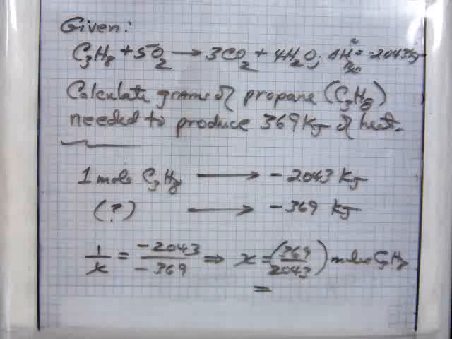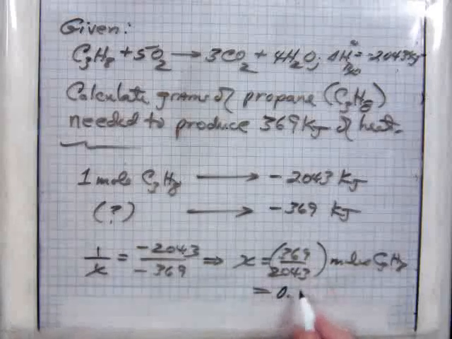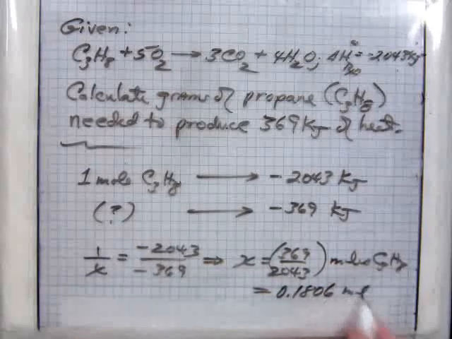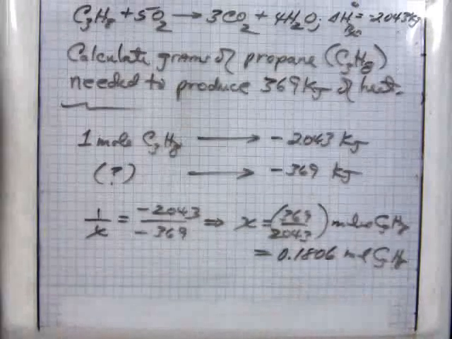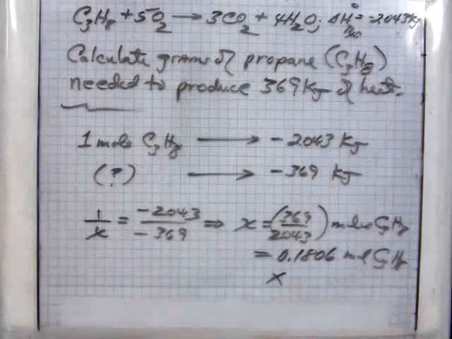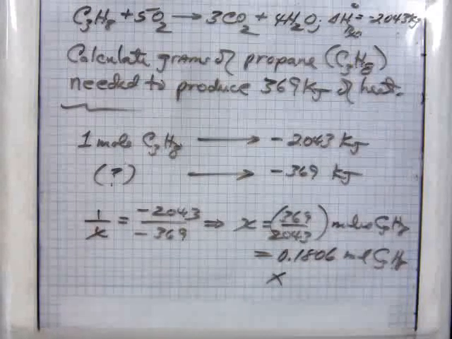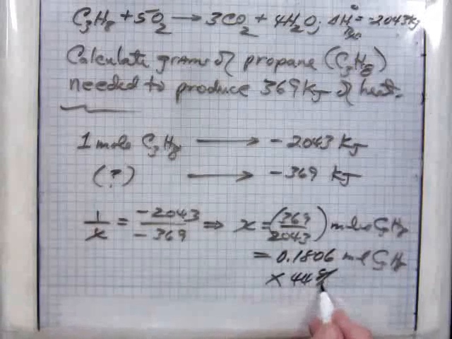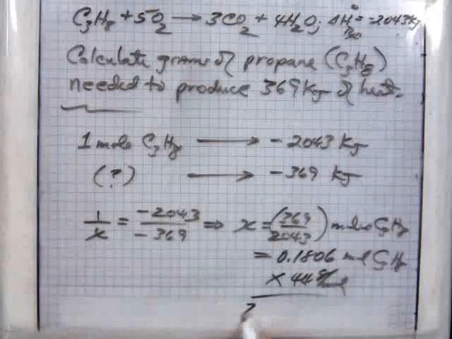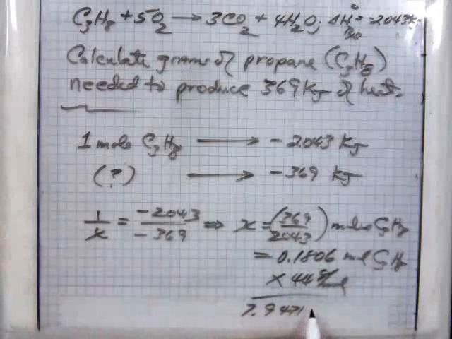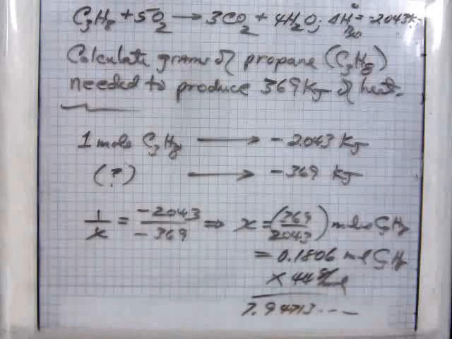Of course, that's 0.1806. Okay, and then the grams, of course, would be times the formula weight, 44.09 grams per mole. And so we get 7.94713, then on out to some 7 or 8 decimal places by the calculator.